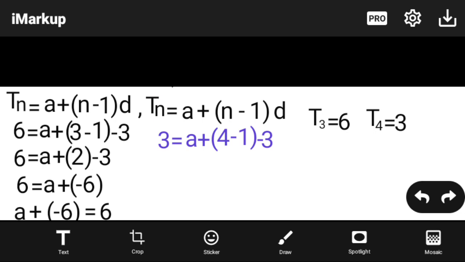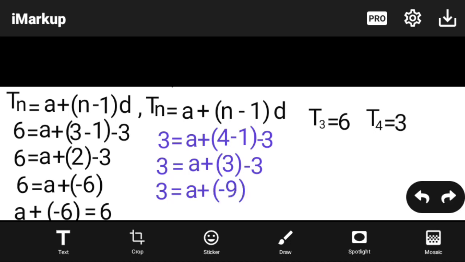Then from there now we say 3 is equal to a plus, when you subtract 4 minus 1, that is 3, then minus 3 there, then 3 is equal to a plus, then the negative 3 there outside the brackets will multiply the positive 3 inside the brackets, then that will give you negative 9.